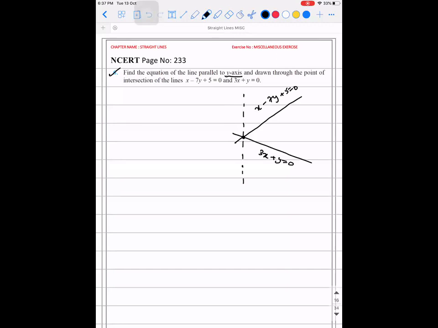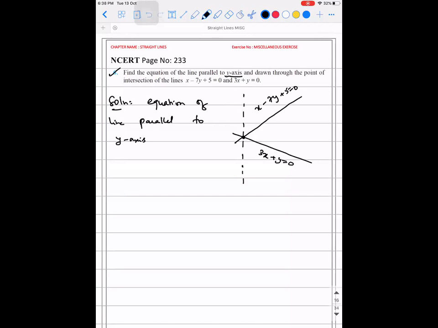So what is the equation of line parallel to y-axis? I've asked a very basic question.